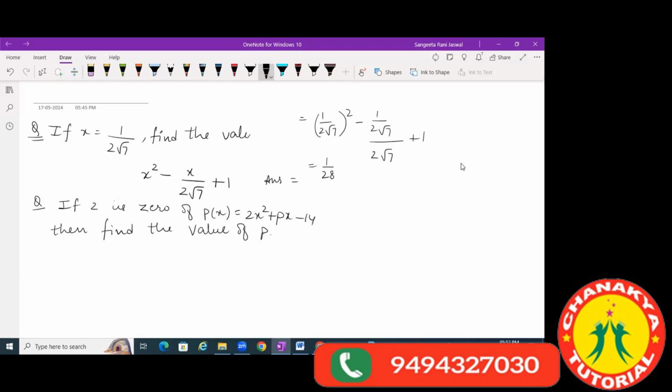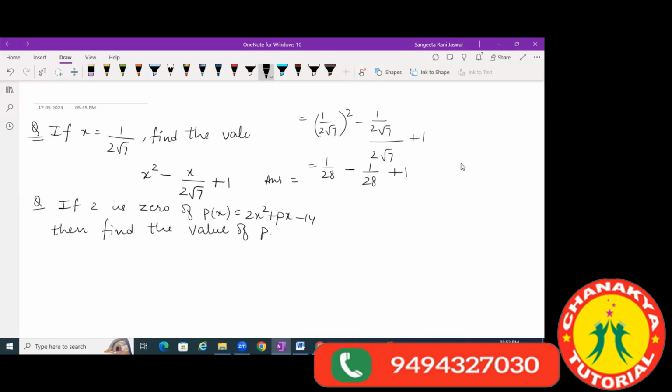You just take the reciprocal of this fraction with the multiply sign. The denominators will get multiplied, so this will be 2 root 7 into 2 root 7, which is 28, so 1 by 28 only. Ma'am, is it 1?